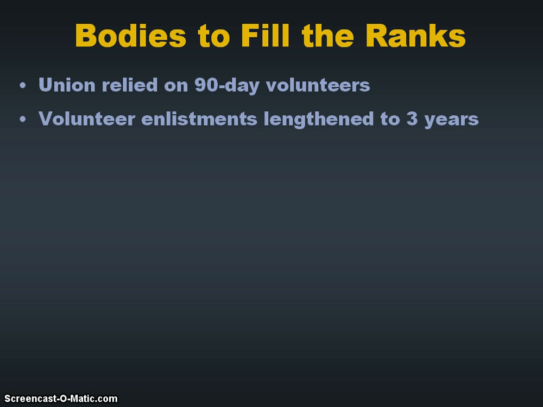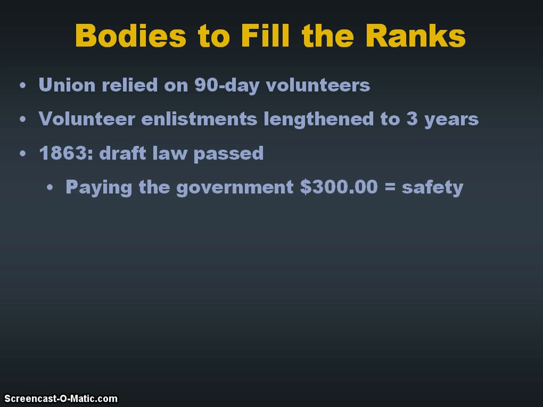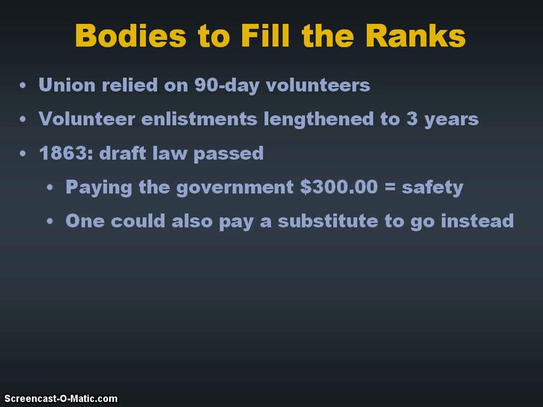But still, this was a voluntary military for the Union. In 1863, however, because enlistments were down so much, they passed a draft law, and if your name got called, you went into military service. Now, that was the case unless you could pay the government $300. If you could pay your way out, then that was going to equal safety.